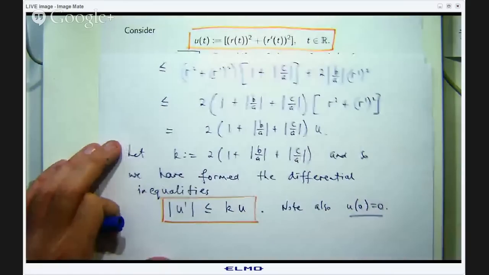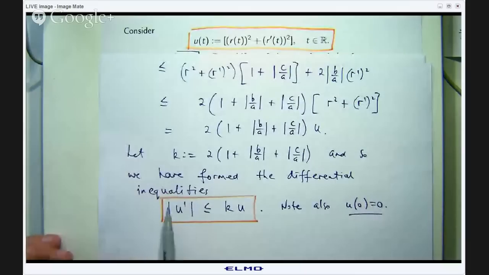So we don't have a differential equation here. We have a differential inequality, which is a first order differential inequality and some initial condition. Now, believe it or not, that's enough for us to solve the problem. Let me show you what I mean.